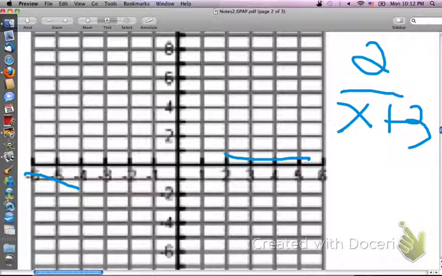So I'm going to draw that in a different color.